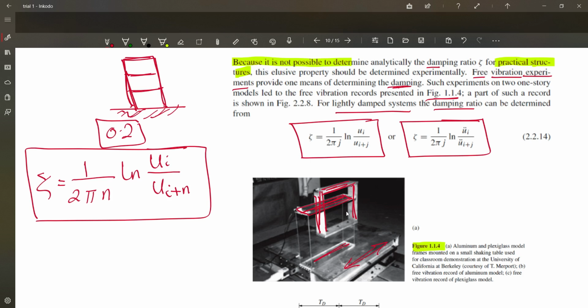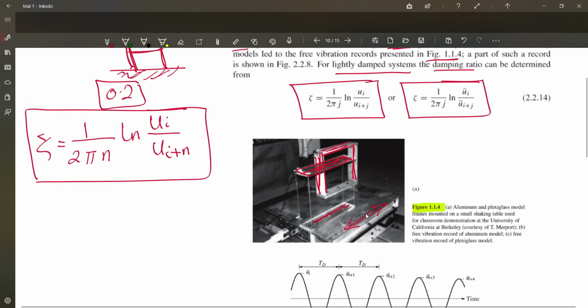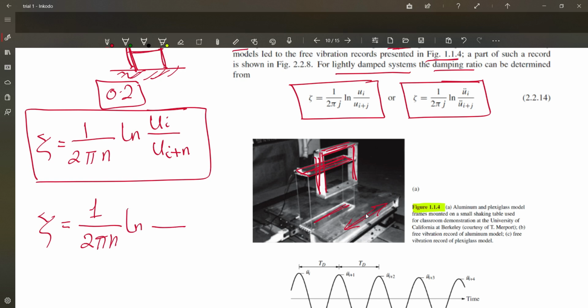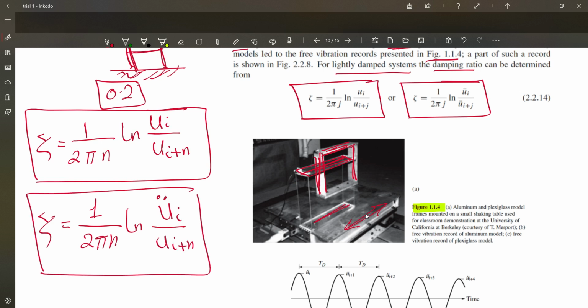We repeat it if we are talking about acceleration. It is going to be the same. So our damping ratio can be obtained as 1 over 2 pi n times ln of u double dot i over u double dot i plus n. We can measure the acceleration easily.